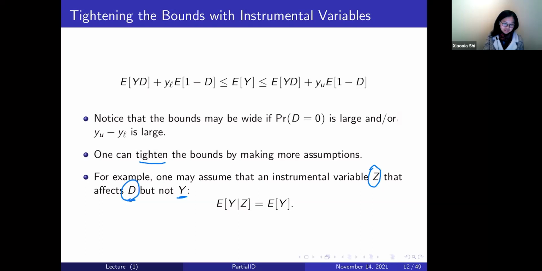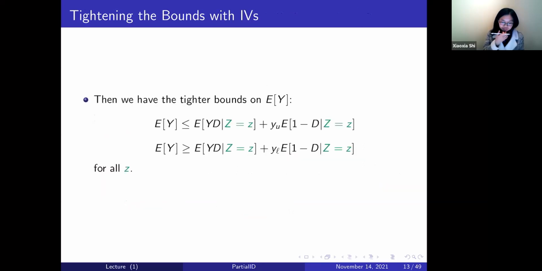So Z might be something related to the survey process. Therefore, it affects whether Y is missing or not missing, but it's not related to how Y is generated. In that case, this Z would be a valid instrumental variable that one can use to tighten the bounds. If you have such a Z, then EY would be bounded by these conditional upper and lower bounds.